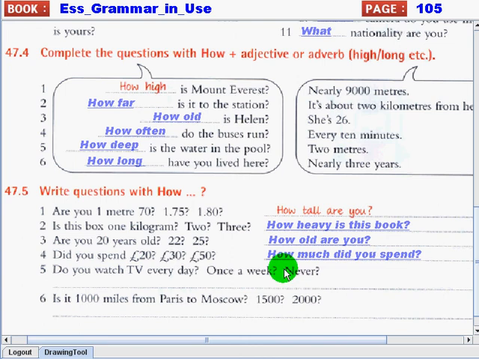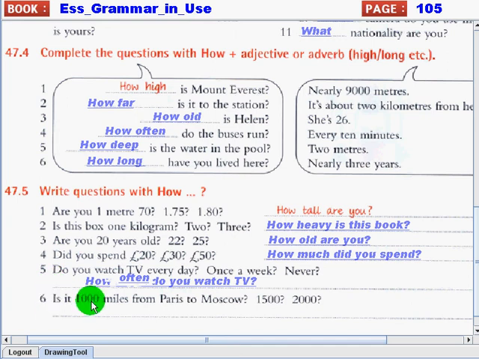Instead of saying that complicated question again, right? Fifth, do you watch TV every day, once a week, or never? We can say, how often. Again, how often do you watch TV? Instead of saying this very long sentence, right?